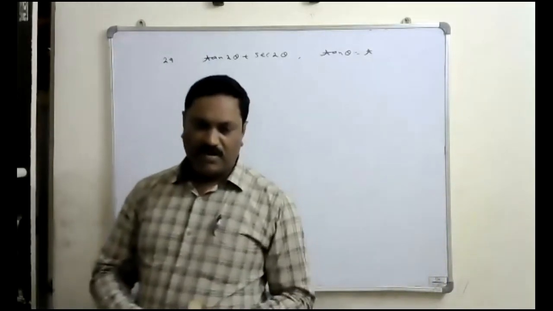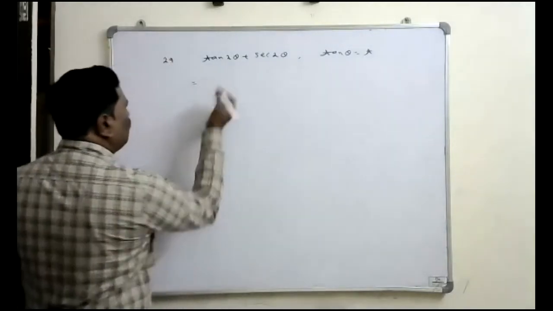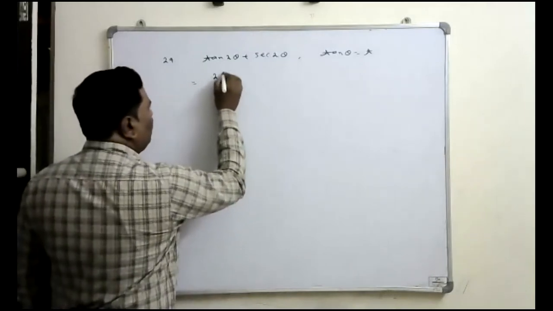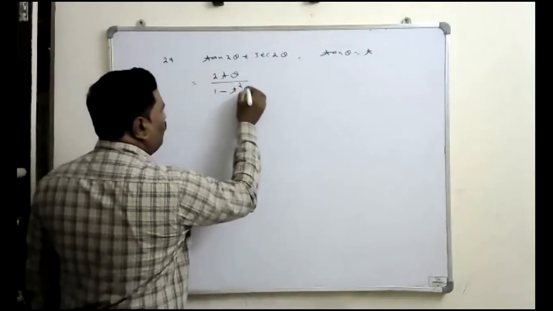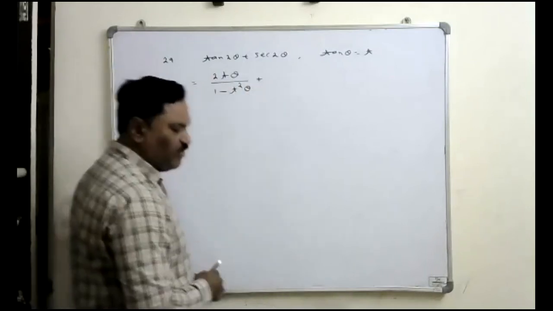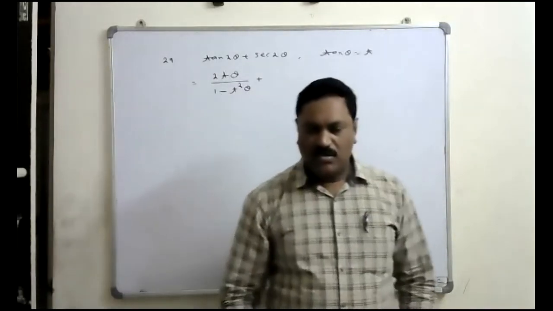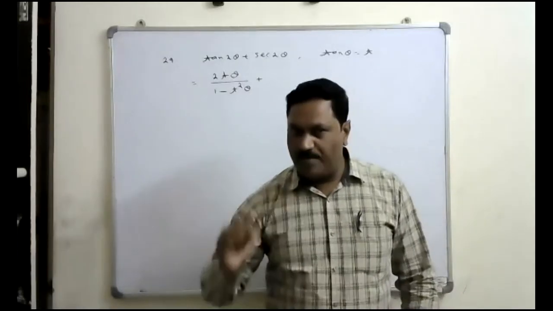Tell me what is the formula for tan 2 theta? 2 tan theta upon 1 minus tan square theta, plus, what is the formula for secant 2 theta? We know that cos 2 theta is 1 minus tan square theta by 1 plus tan square theta.